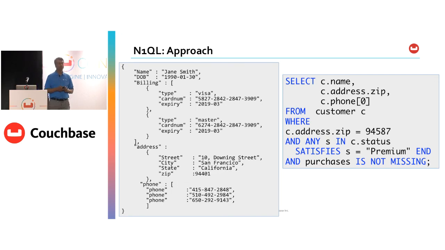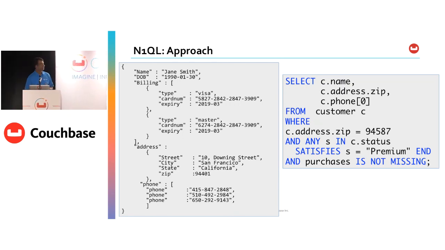In JSON, you could have valued attributes, null attributes, as well as things that can go missing. So you can query the JSON in Nickel to say, okay, I want only the customers who have done some purchase. This is an example of the flexibility in the query language.